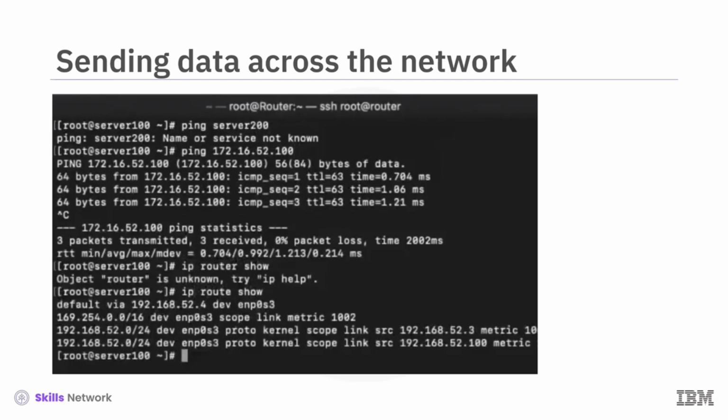So, let's ping that, and you will notice that the ping is successful. Now, let's check the routing table to see how the router ensures that this packet is delivered to server 200. Here, you can view the router action. Note that there isn't a route that points directly to 172.16.0.0, which you are trying to ping. But here, our default gateway is connected to the interface ENP0S3.